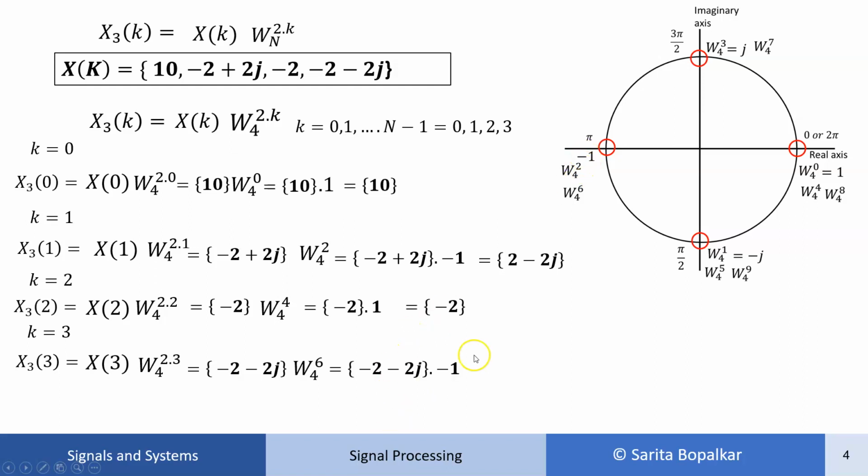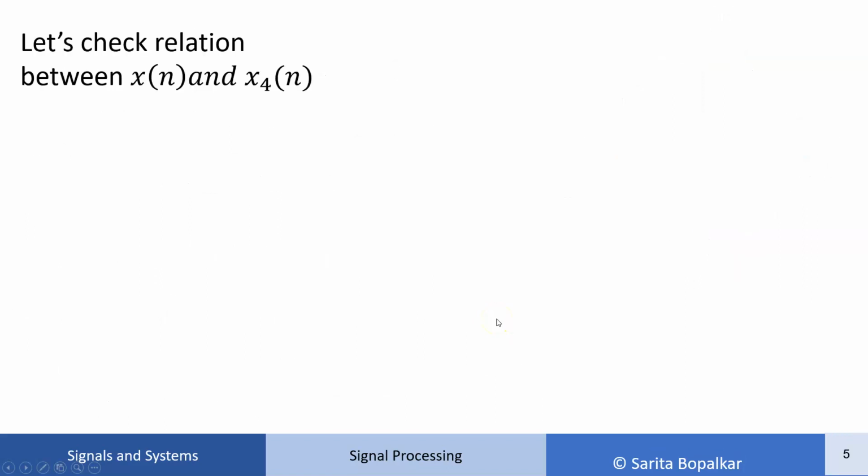So this value X of 3 gets multiplied with minus 1 and it becomes 2 plus 2j. So this is our X3 of k: 10, 2 minus 2j, minus 2, 2 plus 2j. Now one more DFT we need to find, that is X4 of n.